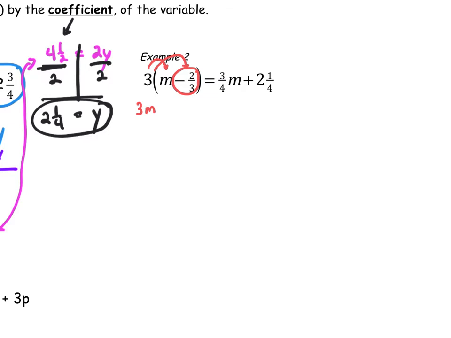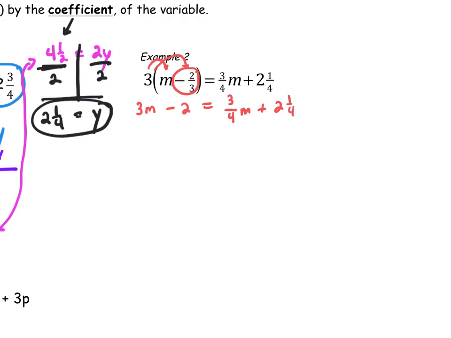So pause and use your calculator and take 3 times negative 2 ABC 3. And the answer should be negative 2. Now on the other side, you notice there's not any parentheses. So we're just going to drop down what we see, 3/4 m plus 2 1/4.